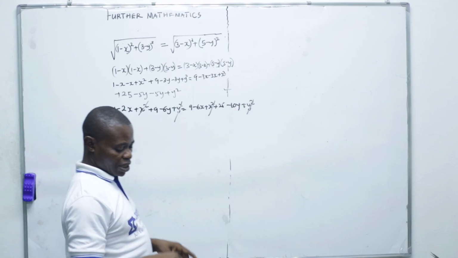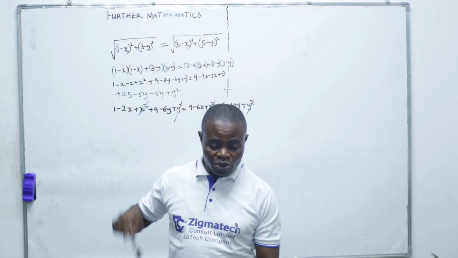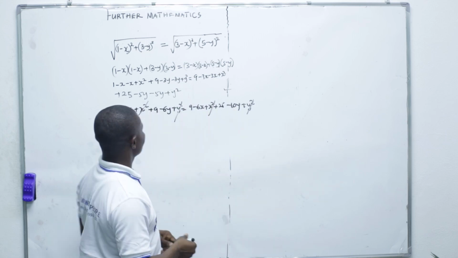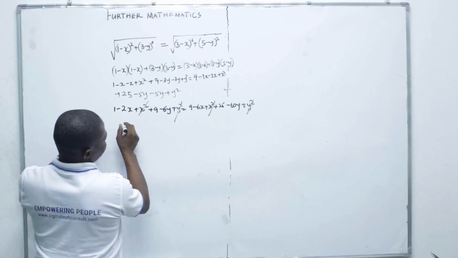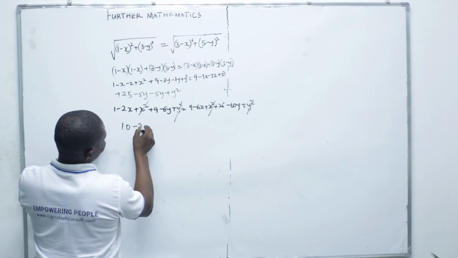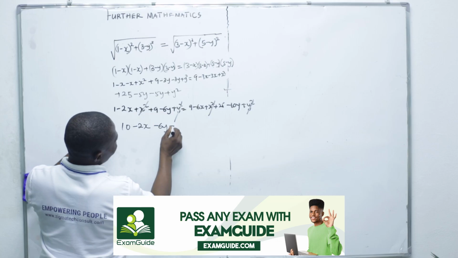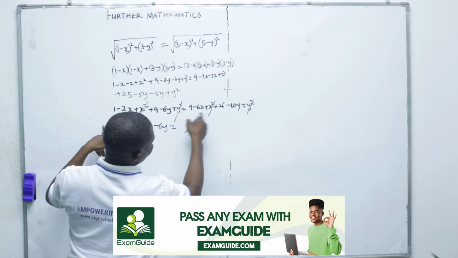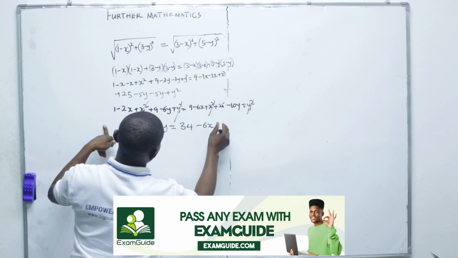You know, in mathematics, our interest is to reduce the problem to barest minimum. Okay, here now, 1 plus 9 is 10, minus 2x, minus 6y, equals, this plus this, that's 34, minus 6x, minus 10y.